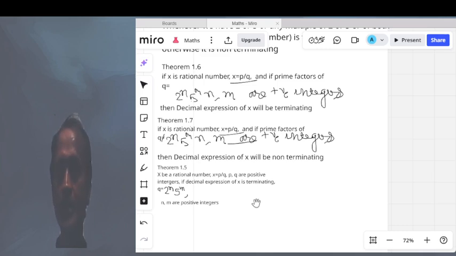If it contains any other factor besides 2 and 5, then the decimal expression will be non-terminating. So this completes the second section of real numbers.